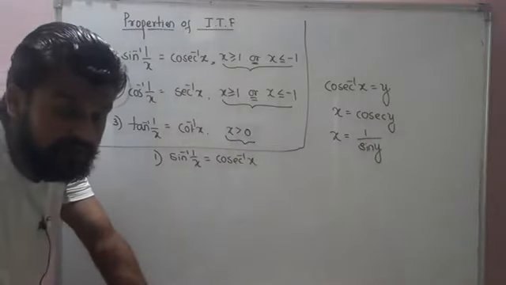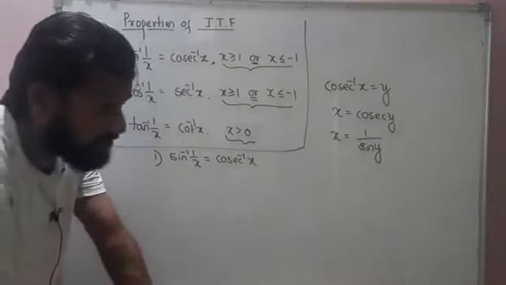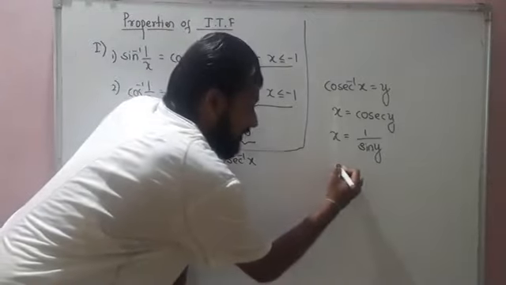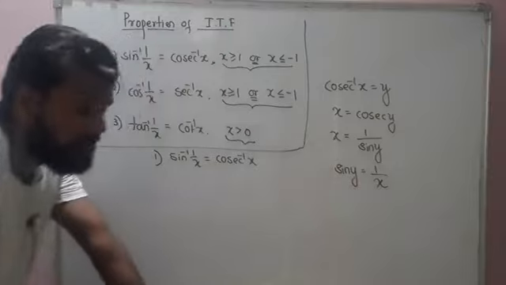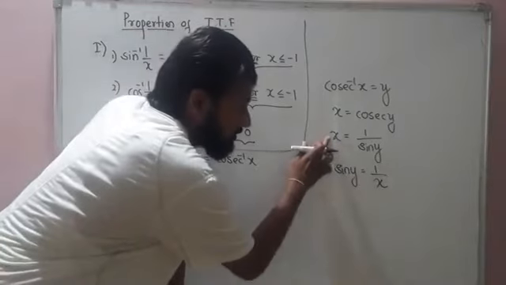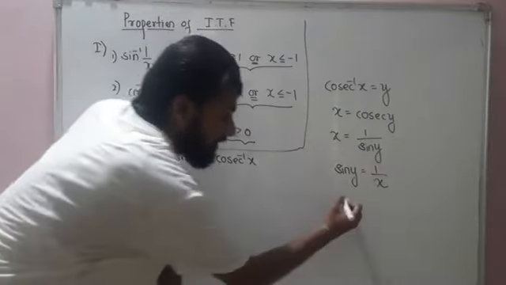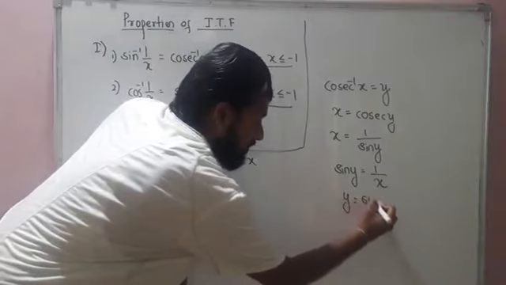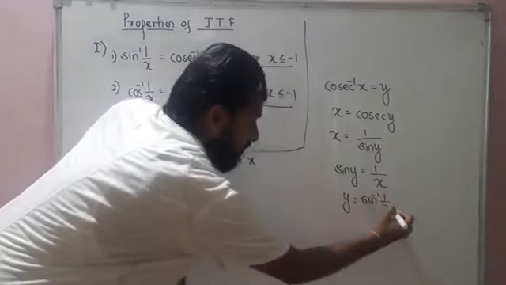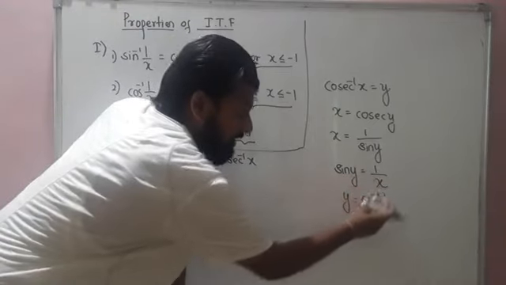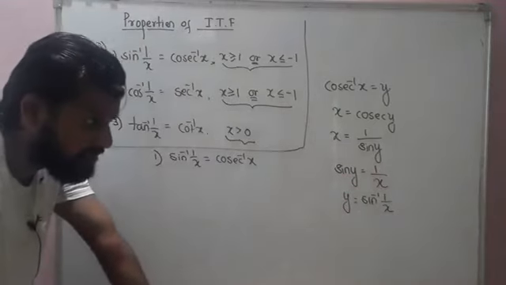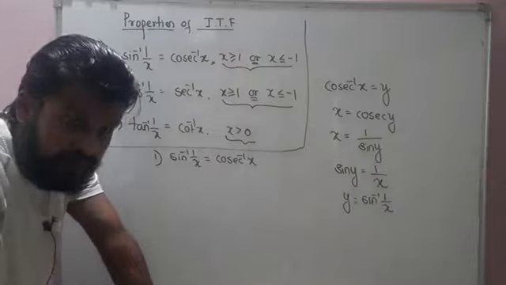Because cosec and sine are reciprocal to each other, and I can write this as sine y is equal to 1/x, because sine y goes this side, x comes this side. Now we can say y is equal to sine inverse 1/x. How? I have taken sine to that side, that becomes sine inverse. I hope you're understanding, isn't it?